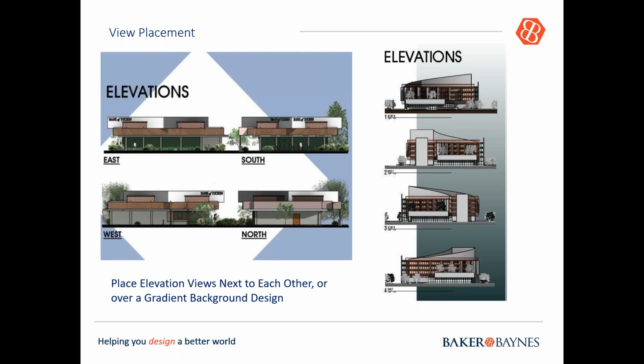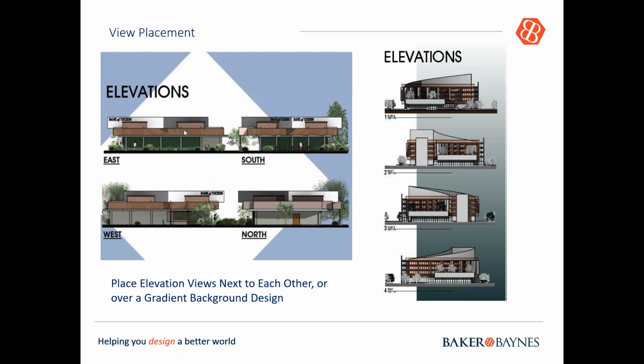Instead of just giving them that 2D drawing, we're playing with colors, we're playing with materials, and it gives it that realistic feel. Now, if you're looking at those current drawings, you see that all 4 elevations are on the sheet. The first one, you can actually see that it's got a gradient background, and that was turned on in the graphic display options, right?